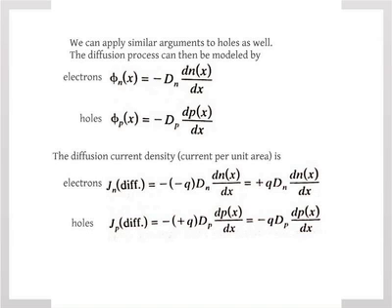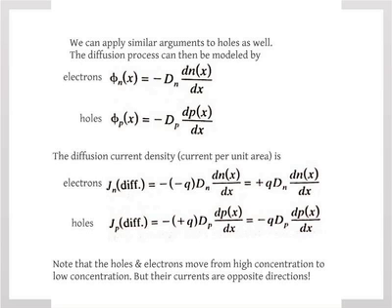So drift is proportional to n or p, whereas diffusion is proportional to dn over dx or dp over dx. And you need to understand these conceptually. The equations you can always look up. In drift, you apply a field. It depends how many electrons actually are there so they can move. Nothing to do with a concentration gradient, right? Whereas in diffusion, everything is determined by the concentration gradient. So keep that picture in mind.